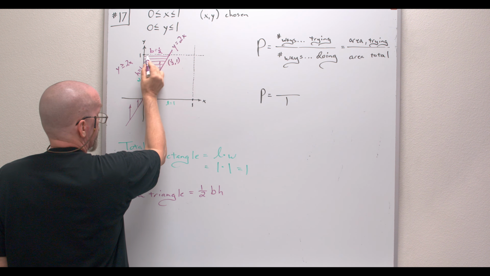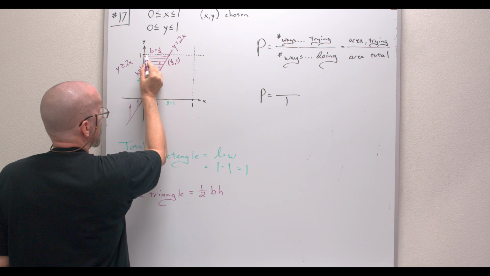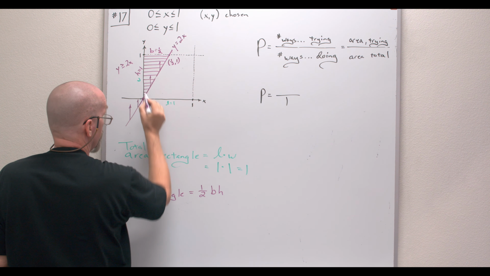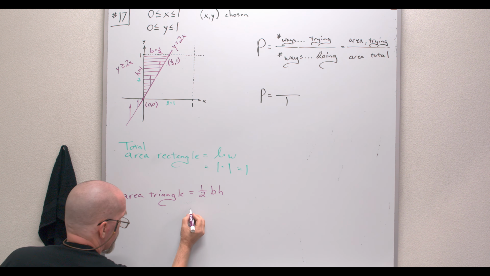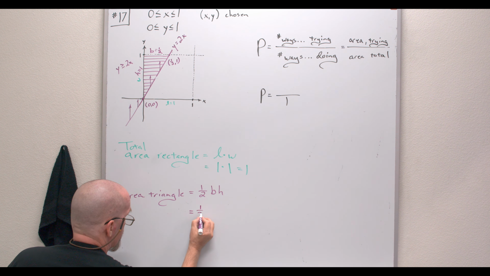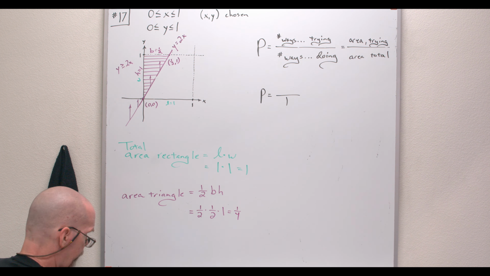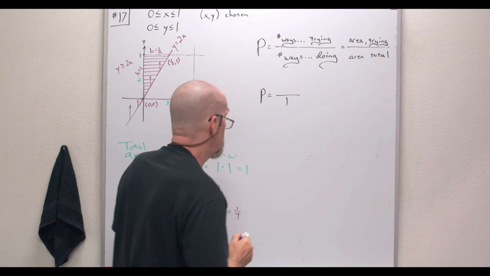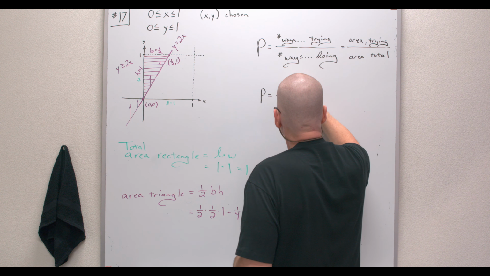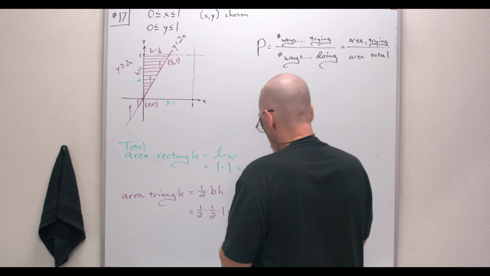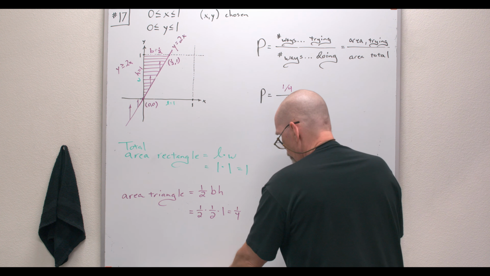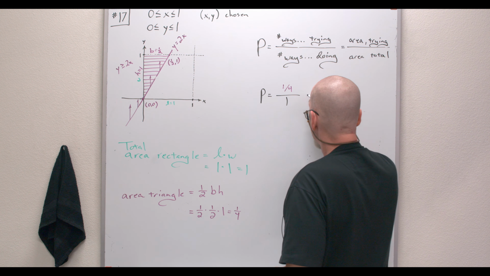So if I put the base up on top, sounds weird, but base on top, we have 1/2 unit, we have 1 unit. So we would get back the 1/2 for our constant. We would get back that. And if I do this, I would get back a 1/4.